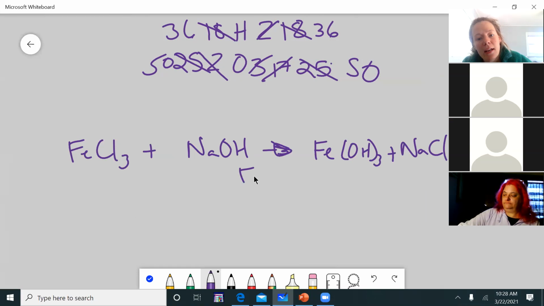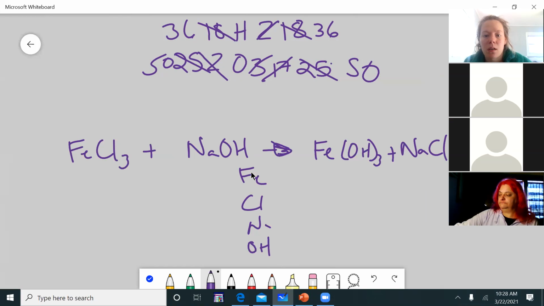All right, I've got iron. This one's kind of easy after the last one: chlorine, sodium. And in this case, hydroxide stays intact, so I can take it as 1 unit. I've got 1 iron, 3 chlorines, 1 sodium, 1 hydroxide. I end with 1 iron, 1 chlorine, 1 sodium, and 3 hydroxides.